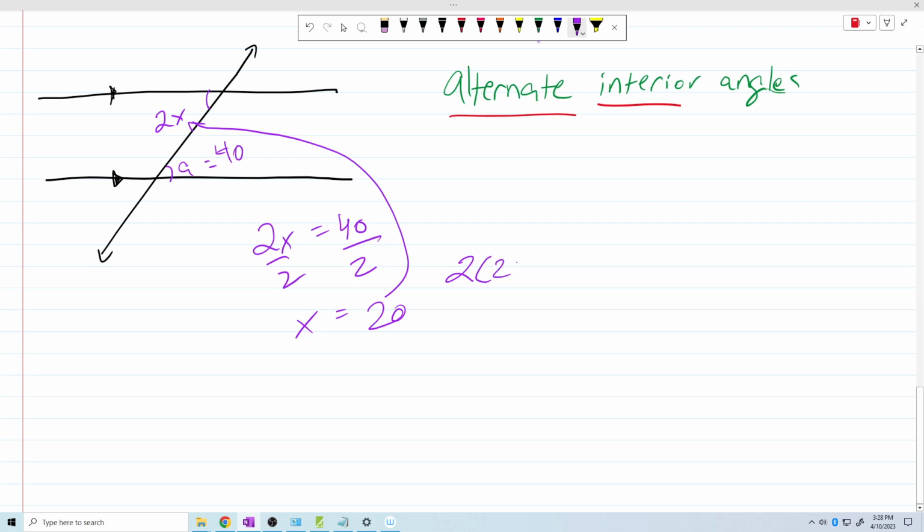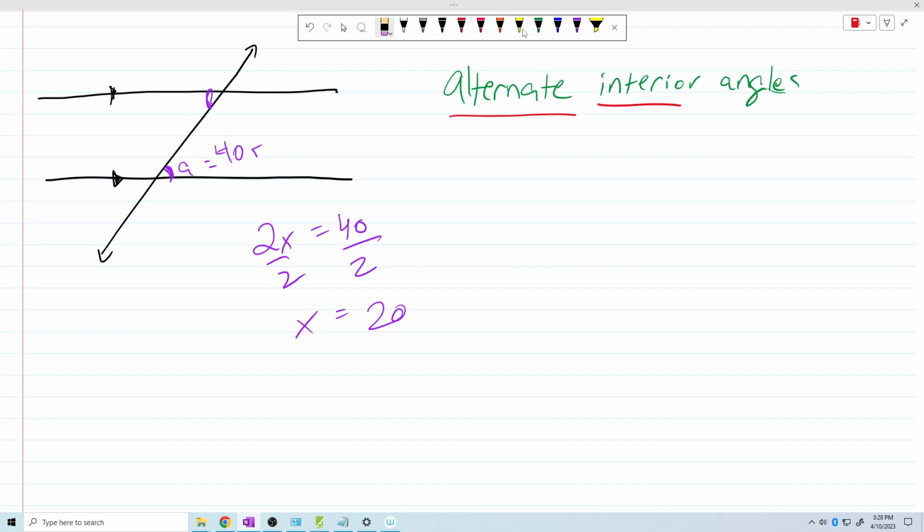Therefore, 2 times 20 equals 40, which makes sense because why? We're saying this is 40, and we said earlier this is 40, and we're saying that this is always going to be the same as this. Things are checking out. Things are making sense. But it may not be easy.